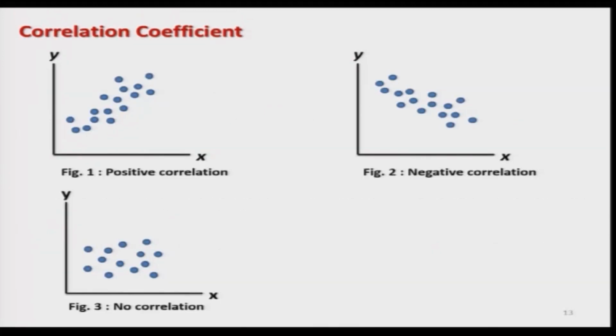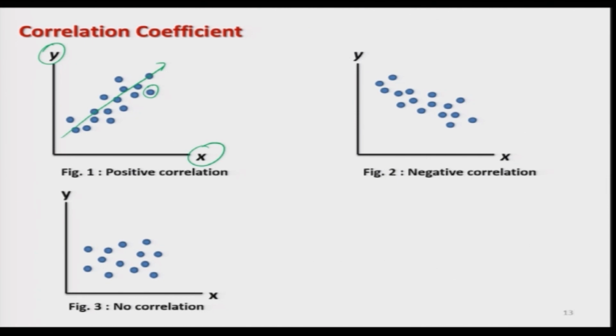How are these things going to look? Let me try to show you by this simple graphic. You can see here we have two variables x and y on which we have got some observations and we have plotted them. These dots indicate the paired observations, right. You can see that as x values are increasing, y's are also increasing in this direction. So, we can say that there is a positive correlation.